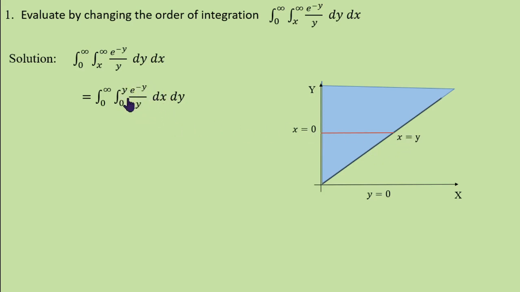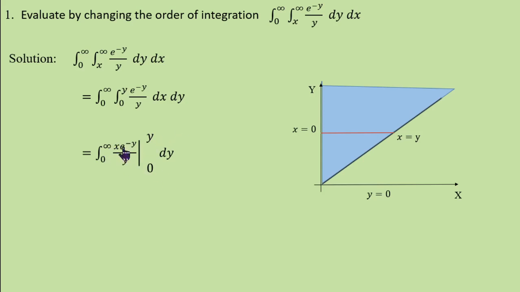Now, first we integrate with respect to x, treating y as constant. Therefore e power minus y by y is constant, and the integration of 1 with respect to x is x, giving x into e power minus y by y. For x, the upper limit is y and the lower limit is 0, so y minus 0 is y, and y by y cancels.